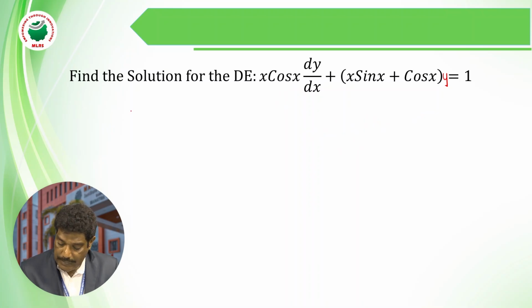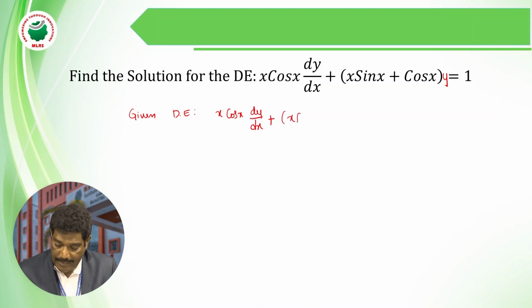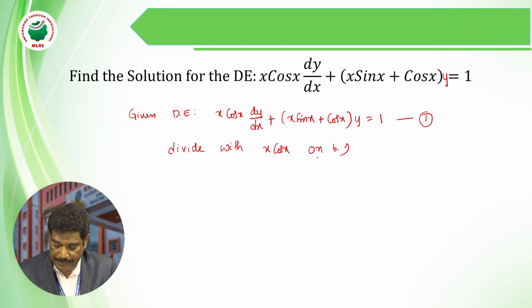So the given differential equation is x cos x into dy by dx plus x sin x plus cos x into y equals 1. Now we need to eliminate x cos x, so divide with x cos x on both sides.